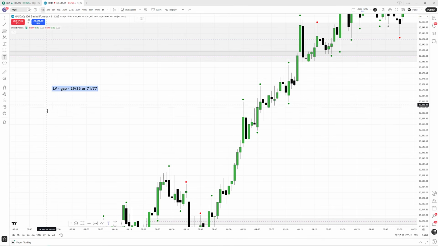Because now you already know, since I have taught you algo paths, that 29:35 is the end of the path, or even 71:77. End of the path means from there you should see reversal. But if the market is not in the mood to reverse, it's going to create bullish gaps around these times, indicating that there is still energy left for the up move or the down move.